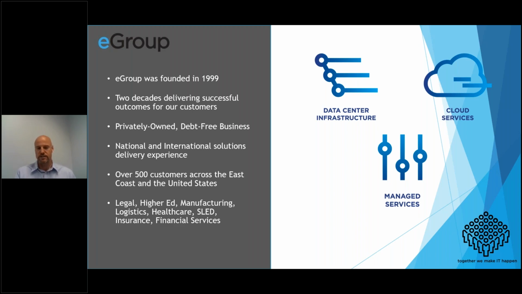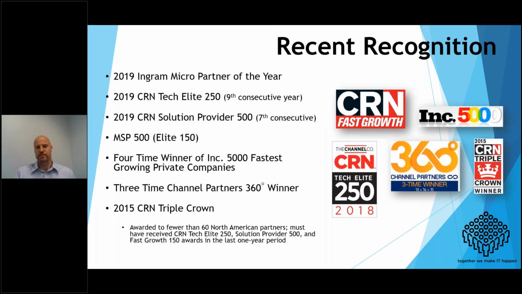We're national and international as far as our reach. Over 500 customers on the East Coast. We're primarily in that East Coast space, but we do have projects going on internationally. And then just some of the recent recognition. Ingram Micro is one of the bigger cloud Azure partners, and we were their partner of the year. You can see some of the other ones, which speak to our technical solutions and some of our growth.